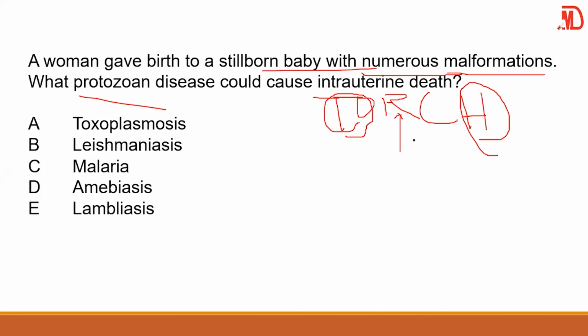So, of course, based on what I've mentioned, even if you don't know which one is a protozoa, obviously your answer should be toxoplasmosis. Sorry, the answer is A, not D. It's a mistake. Amoebiasis cannot cause it. Your answer is A. All right.